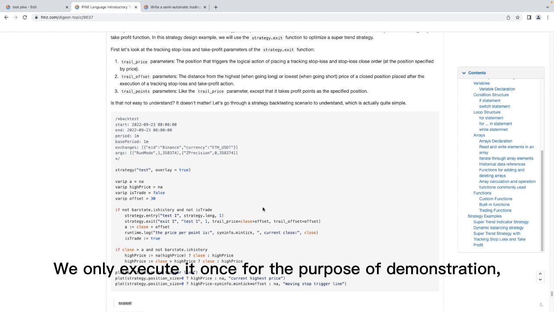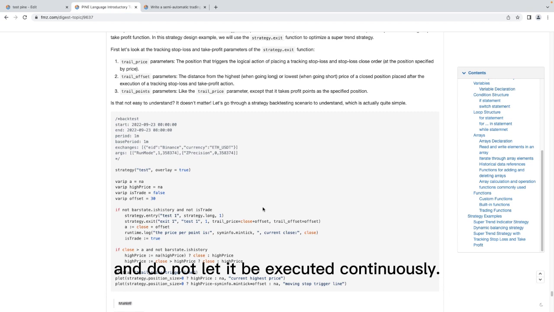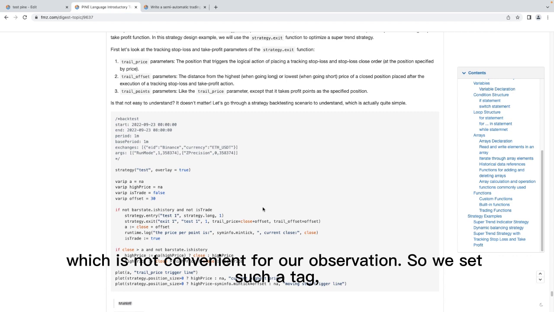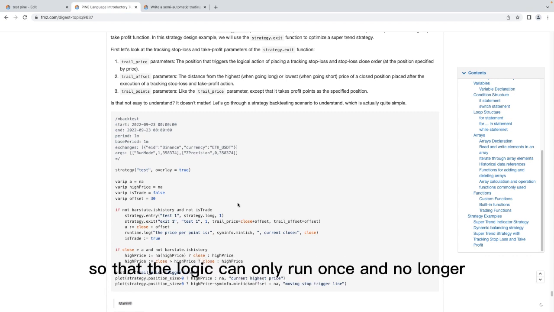We only execute it once for the purpose of demonstration, and do not let it be executed continuously. If we do not design it in this way, it will continue to go long, and then track the stop profit, which is not convenient for our observation. So we set such a tag so that the logic can only run once and no longer be repeated.